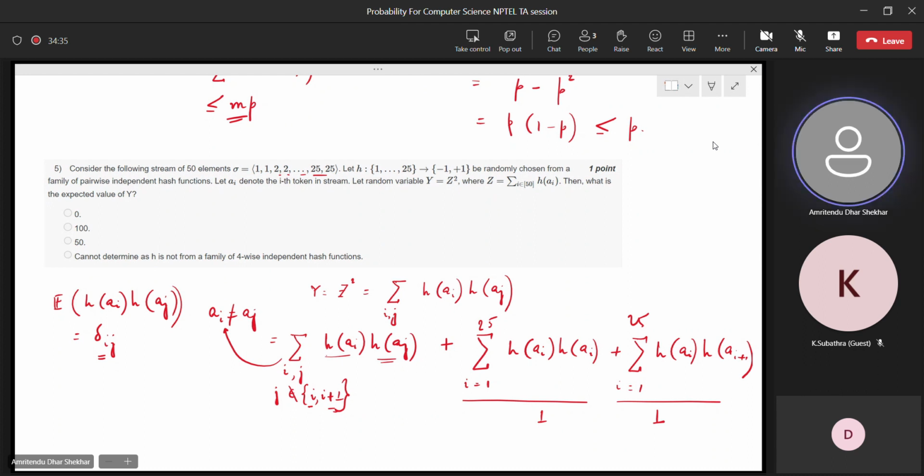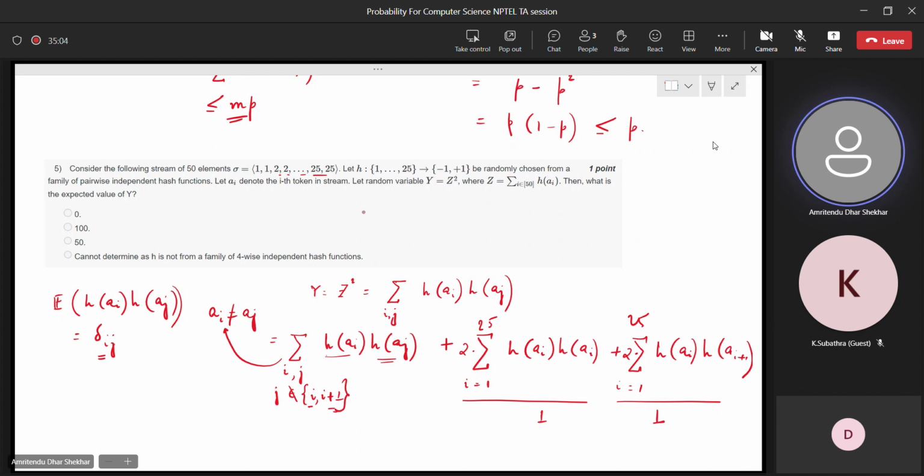Oh, okay. It's just a counting error. Okay. Yeah. So it's actually 2 times this thing. Right, you can see why it's 2 times this thing, right?